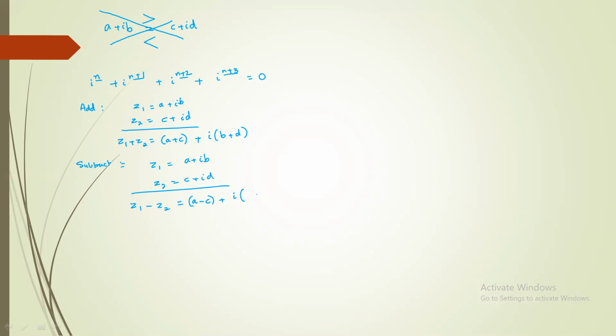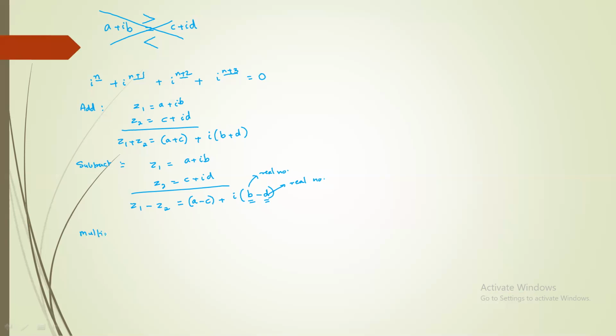Take i common, and from b subtract d. Actually, b and d are real numbers, of course, but they can be called imaginary parts.